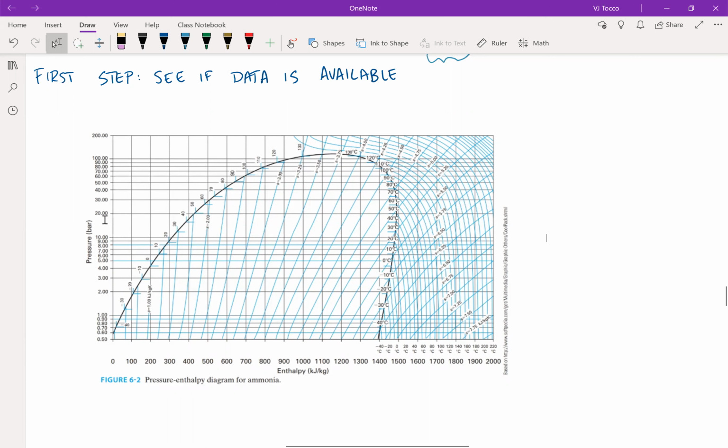We definitely have pressure on the y-axis and enthalpy on the x-axis. We've also got temperature lines on here. It looks like we've got entropy lines and some other ones. Sometimes it's not as easy to read as you would hope, but oftentimes the footnotes can help you in reading it. This particular footnote doesn't seem to be too helpful.